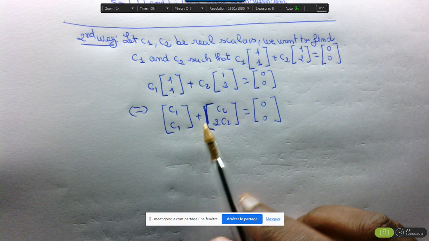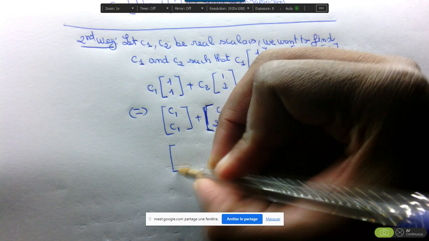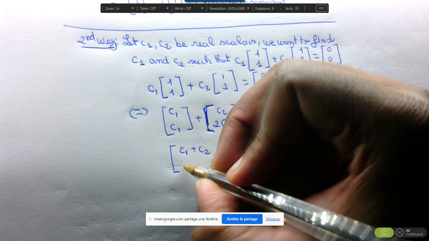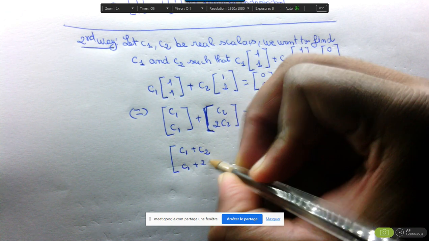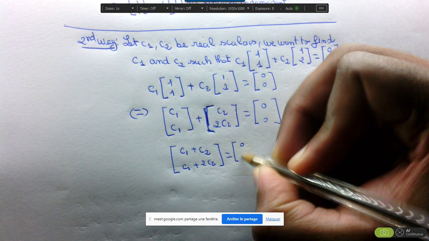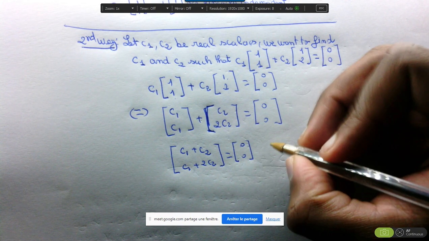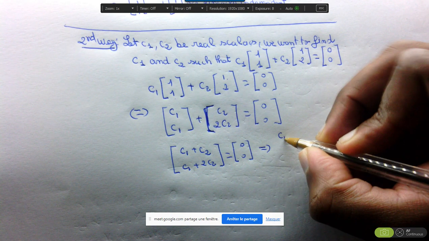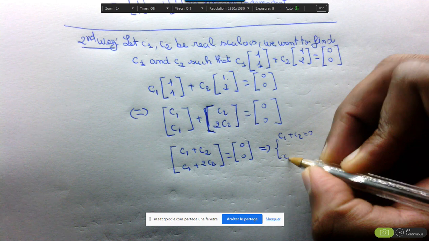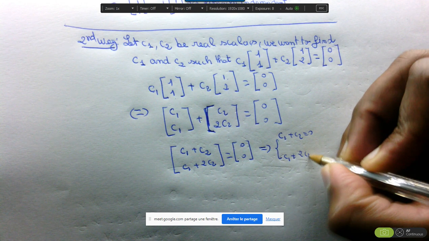My goal is to find the values of C1 and C2. I'm going to add them: C1 plus 2C2 equals 0, 0. So this implies that C1 plus C2 equals 0, and C1 plus 2C2 equals 0.